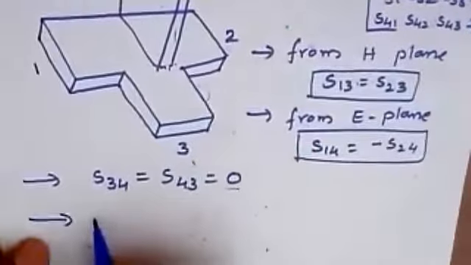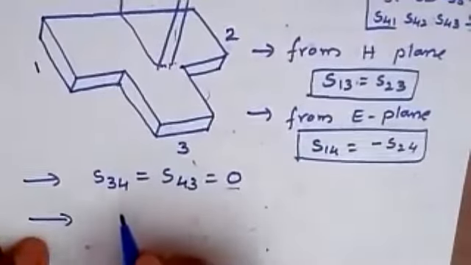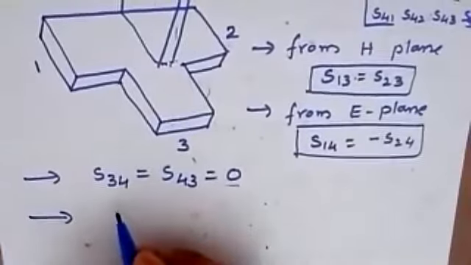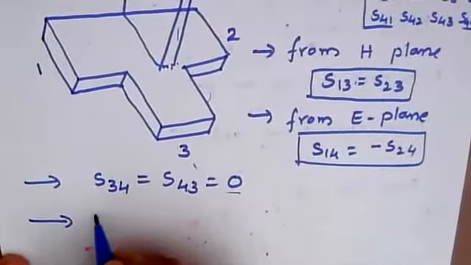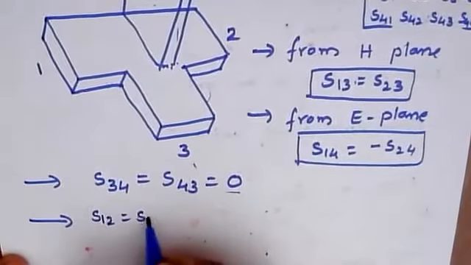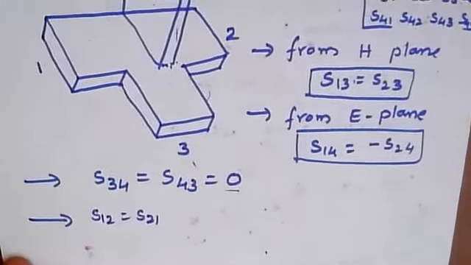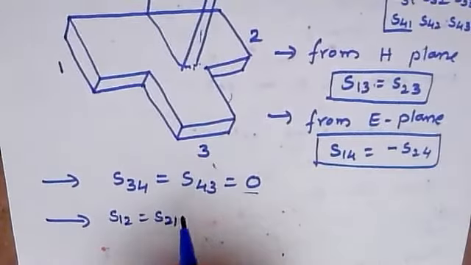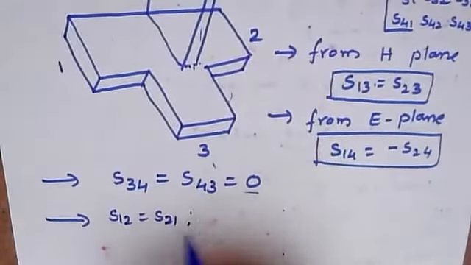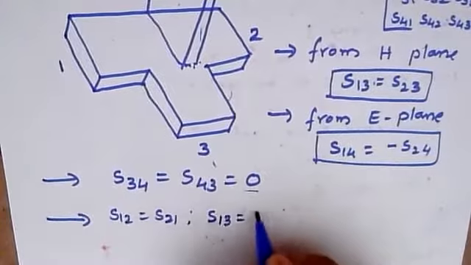Now applying the symmetry property of the matrix, whatever combinations we have for the symmetric case, we have S12 equal to S21. We have to keep on applying this. So S12 will be equal to S21 and S13 will be equal to S31.